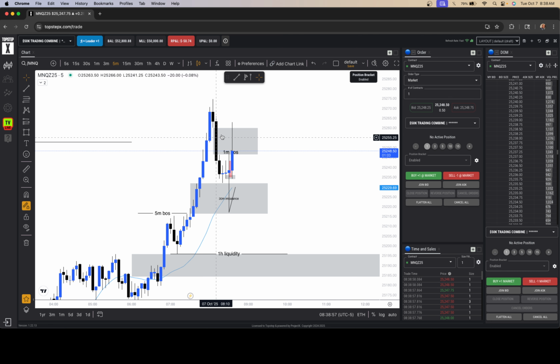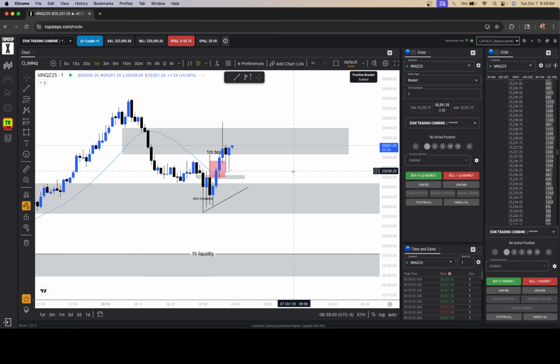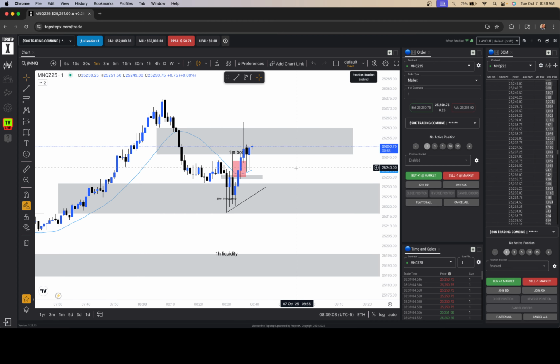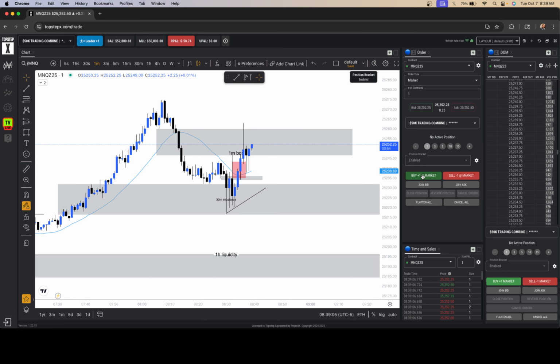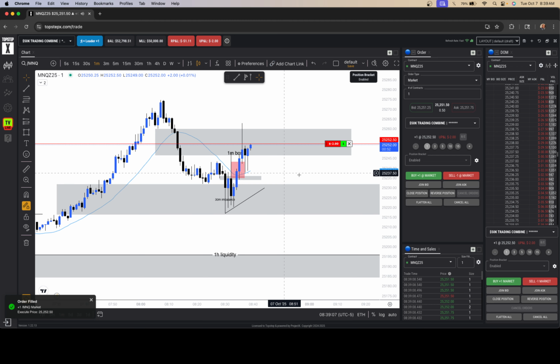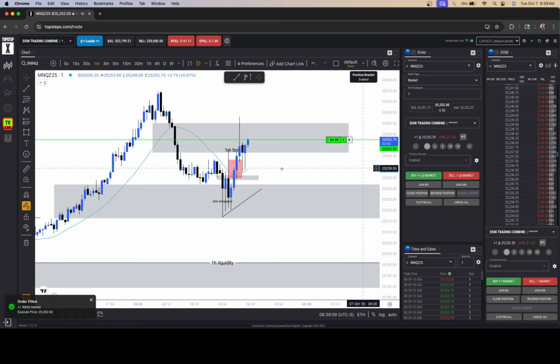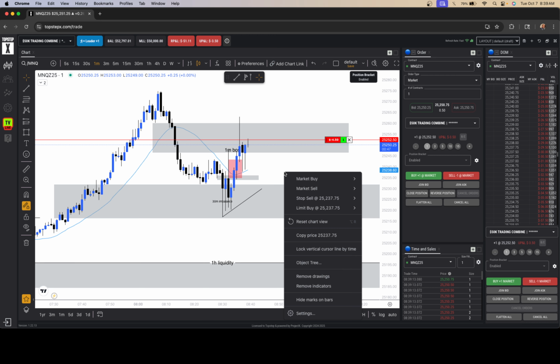So we got this big imbalance right here that I feel like might push us down, but we're technically still bullish. Order filled. I'm going to go ahead, take a buy, not be too scared. And just see what we can get here.